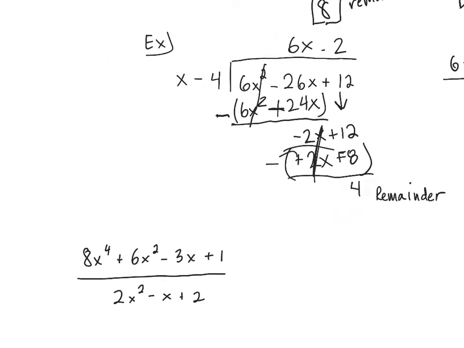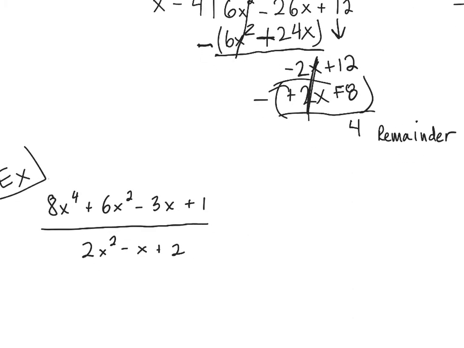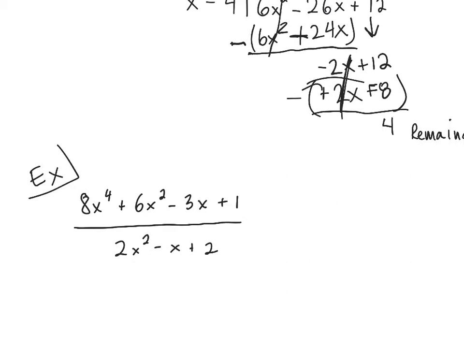Okay, so another problem here for practice. One thing that's easy to forget but important not to overlook: the dividend, especially the expression that goes inside the long division sign, cannot have any missing terms.